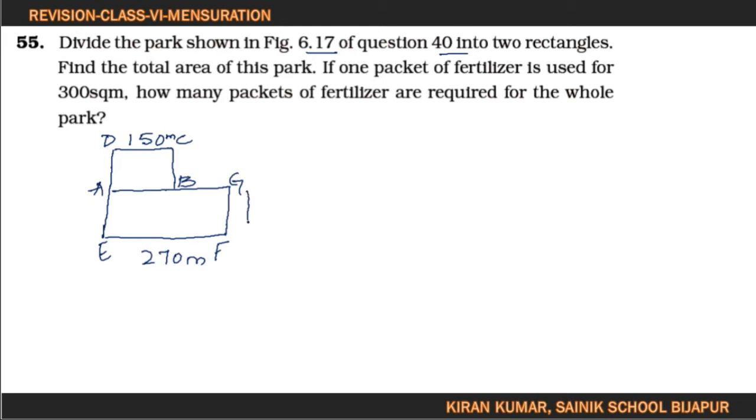This side GF is 180 meter, and the side BG is 120 meter. And the side BC is 100 meter. So from here to here, this length will become 280 meters.